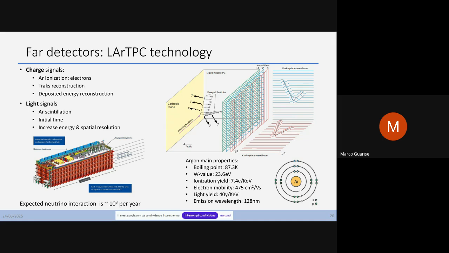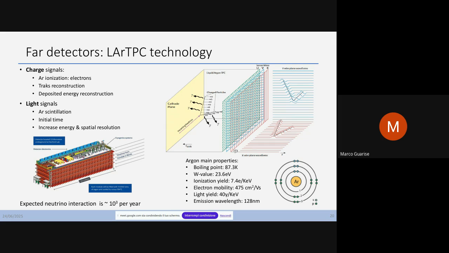So when the charged particle releases its energy, it ionizes the argon atoms. So we have charge produced that can drift and reach the anode, which in this case is different planes of wires that can also be a pixelated anode, and you can reconstruct the tracks and the energy here.